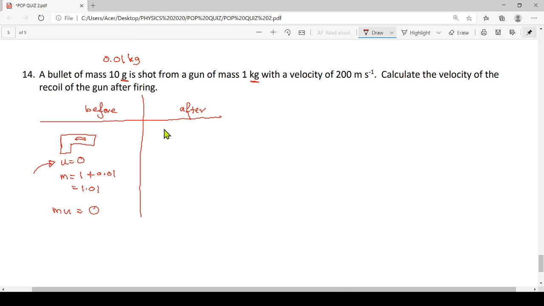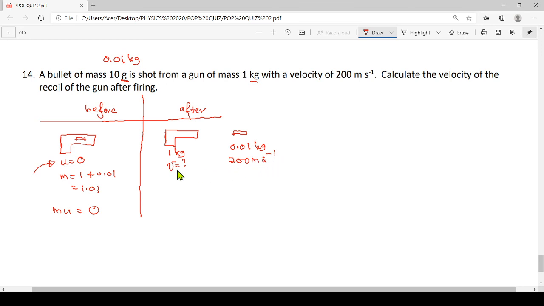And what happened after? Here is my gun, and I know that the bullet will come out from the gun. This gun is 1 kilogram. I don't know the velocity, but for this bullet, the mass is 0.01 kilogram and the velocity is 200 meter per second.